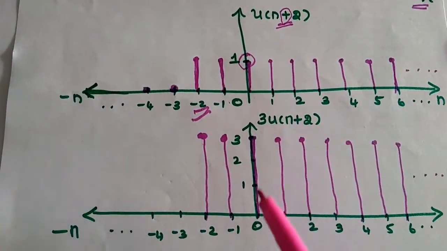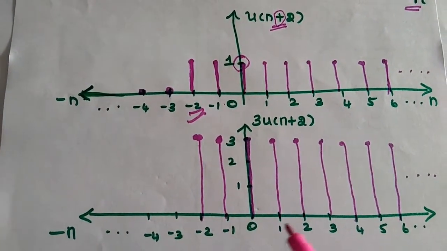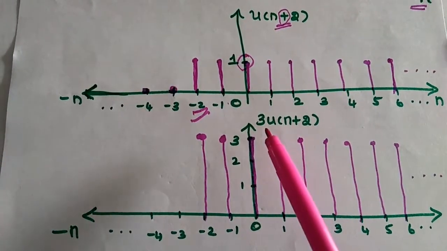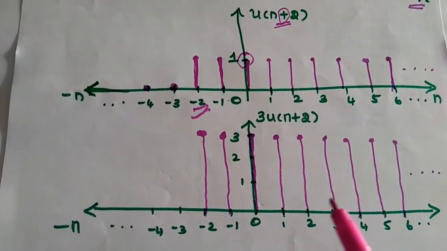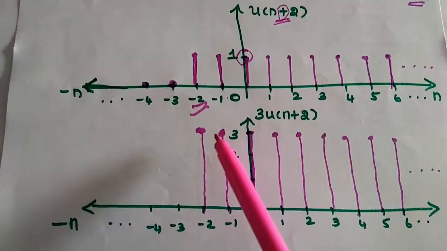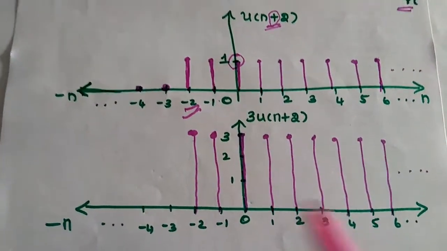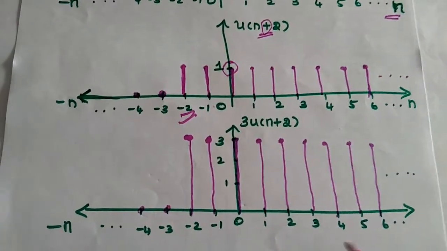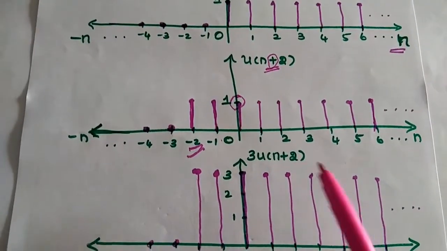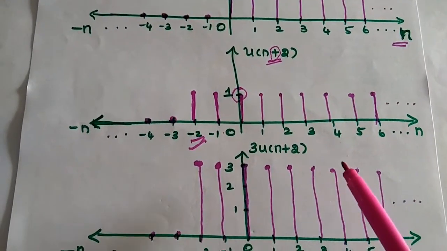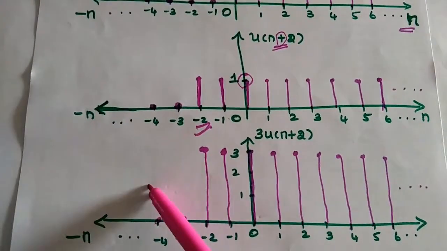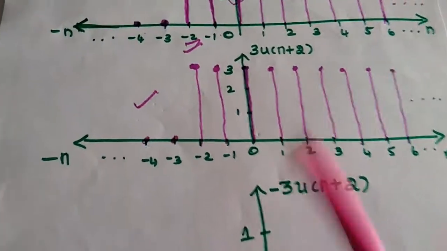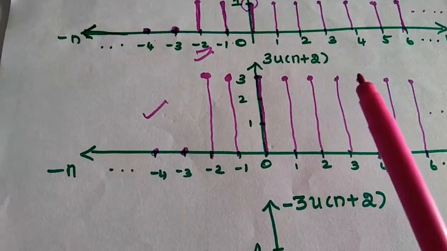So the same can be drawn like this, 3 into u of n plus 2. This amplitude is 3, and the remaining part is 0. So this is u of n plus 2 with amplitude 3. I have drawn 3 into u of n plus 2.